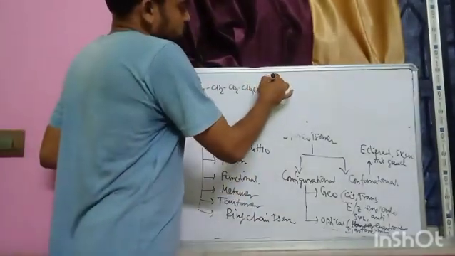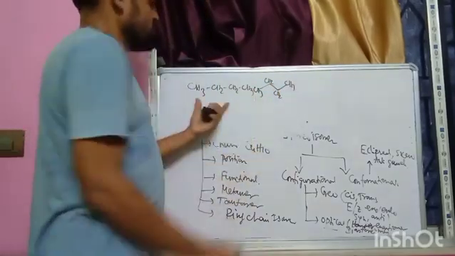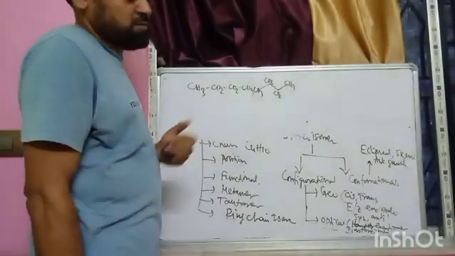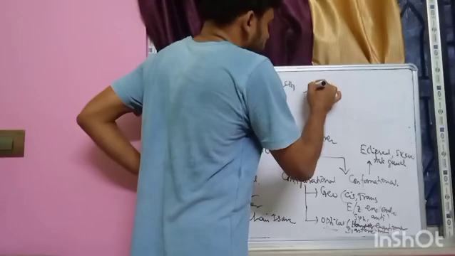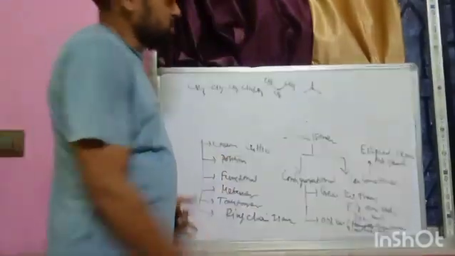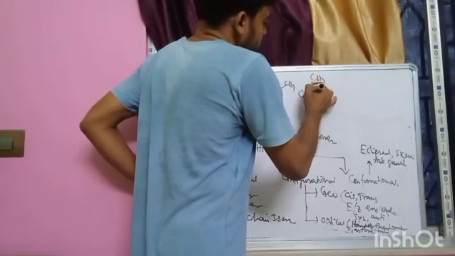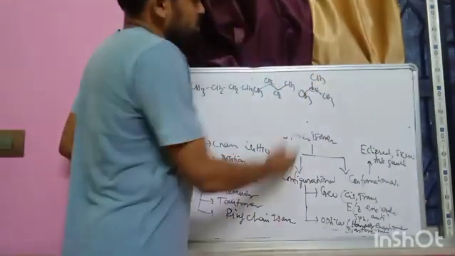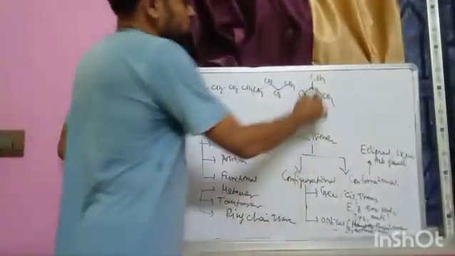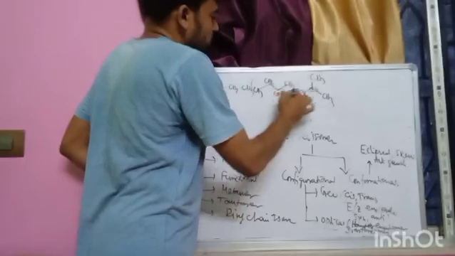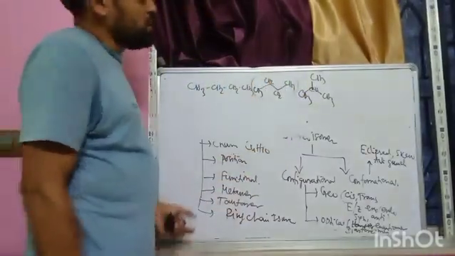This means CH3, CH2, CH2, CH3. This and this element are the same, C4H10. But we can represent it in another way, such as CH3, CH, CH3, CH3. Here also there are 4 carbons and 10 hydrogens. So these two are different in their names.